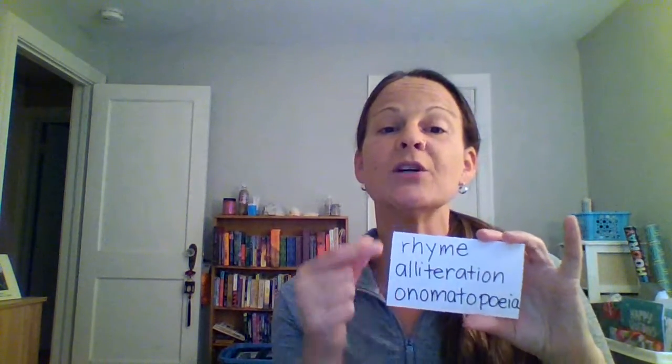So we learned about rhyme, alliteration, and onomatopoeia. I hope that you had a chance to try one or more of the activities on your learning map that had to do with these 3 elements of poetry. As a quick review, I am going to read a sentence and I'm going to see if you can tell me, does it have rhyming words?